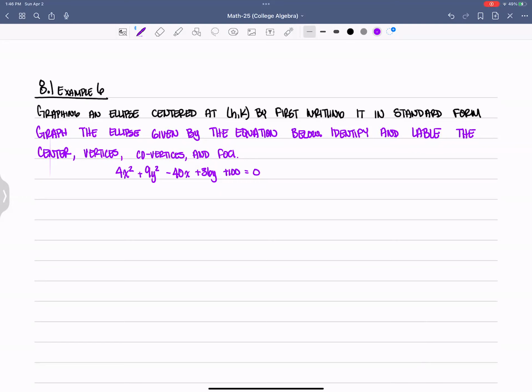Okay, so from here, we are not anywhere near standard form. What we're going to have to do is complete the square for each variable. So let's grab everything that doesn't have a variable attached to it and move it over to the opposite side.